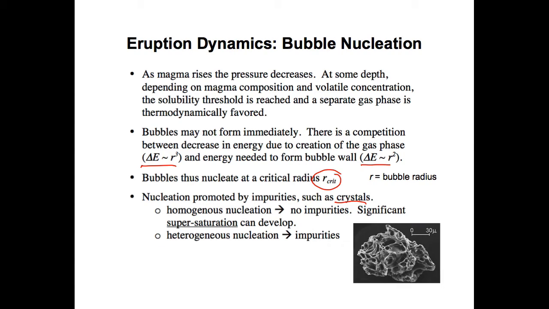And in particular, if you really look carefully, you'd see that there are little scratches and imperfections on the surface of the glass, and those imperfections are helping the bubbles to nucleate. And so it is the presence of impurities, such as the scratch on the glass or the presence of crystals, that help the bubbles to nucleate.